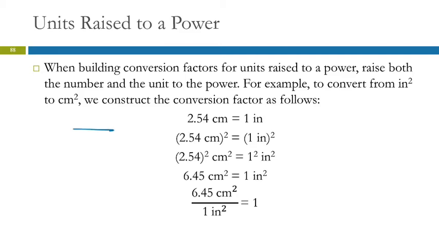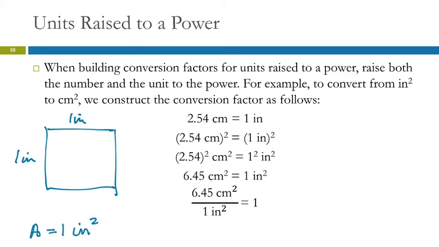So just a quick look at why we have to square the number. So this is a square that's 1 inch on a side. What's the area? 1 square inch, right? Well, 1 inch is the same as 2.54 centimeters. So this is also 2.54 centimeters on a side.